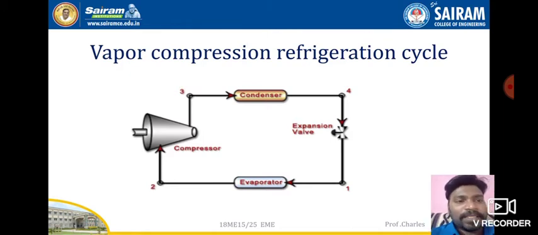There, the refrigerant will be in liquid state, at low pressure and low temperature. Only low pressure, low temperature refrigerant should pass on to the evaporator, so that it can extract heat from the surroundings. That is the function of the evaporator.